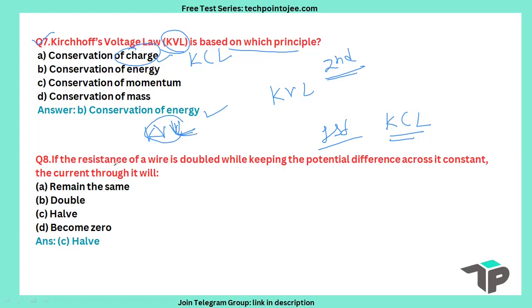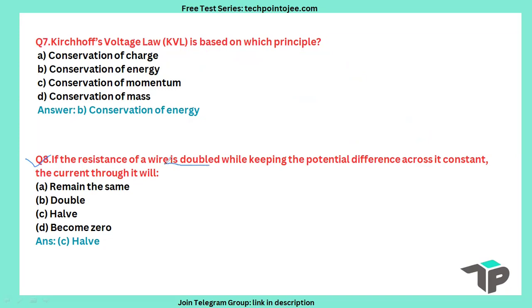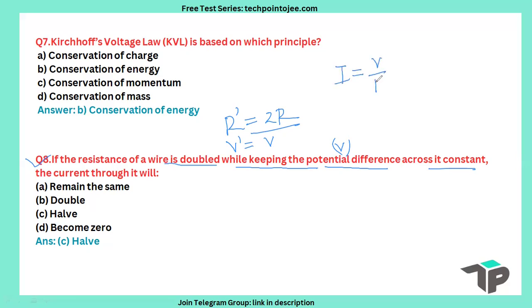Next question: if the resistance of a wire is doubled while keeping the potential difference, that is the voltage across it, constant, the current through it will be? So the resistance of the wire is doubled, R dash equal to 2R, while voltage V dash is the same as V. The current formula is I equal to V by R, so I dash equal to V dash by R dash.